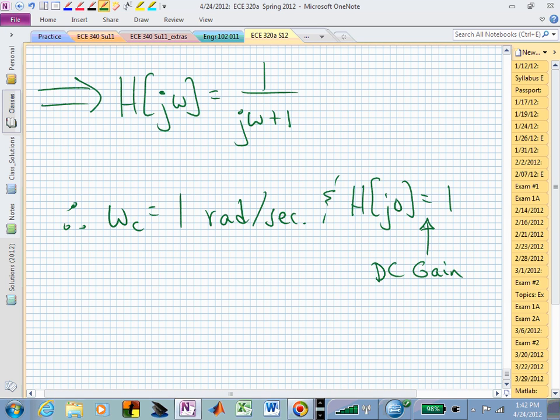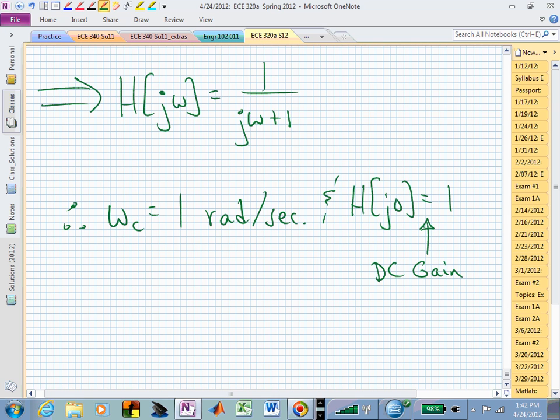I wanted a cutoff frequency of 100 hertz. So make sure you're clear on whether I'm talking radians per second or hertz. Here I wanted 100 hertz, and I wanted a passband gain of 2. And if this is a low-pass filter, my passband gain is what I have at DC.